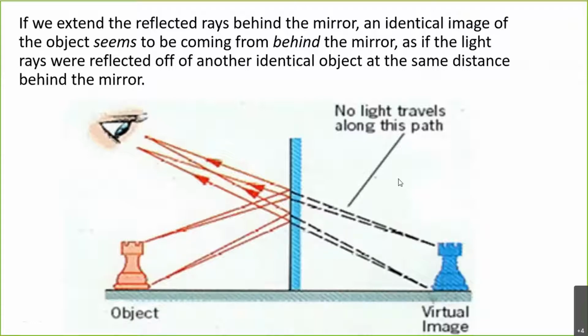We know that the graph is a straight line, so if I extend the line, I'm predicting that all the values behind that point will also follow the same trend, will be along that line. So we do a similar thing for finding a virtual image.